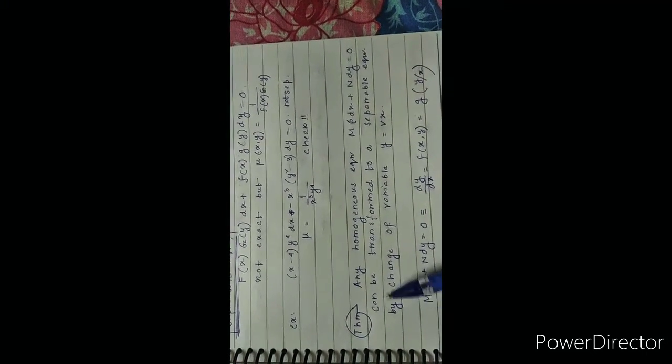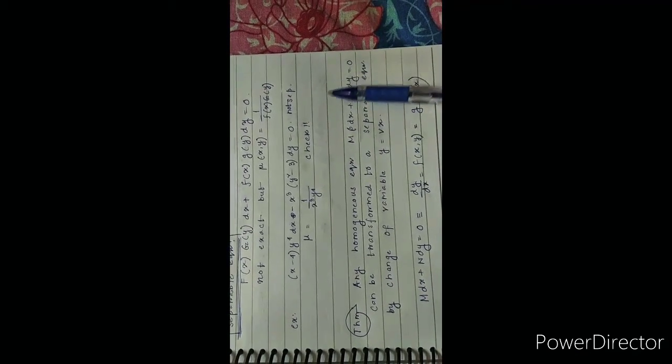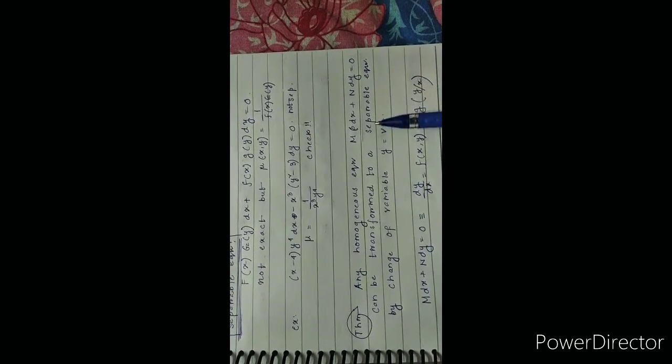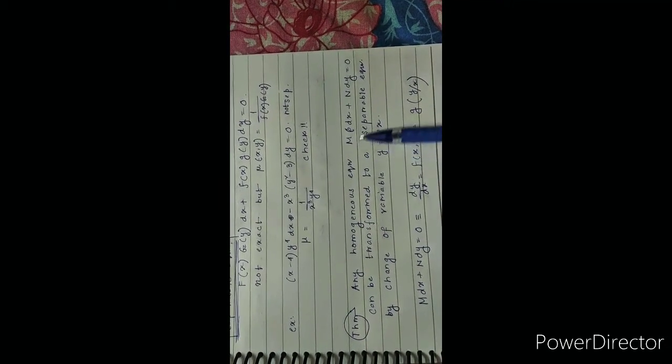It says that any homogeneous equation M dx plus N dy equals 0 can be transformed to a separable equation by the change of variable y equals vx. So if this equation is homogeneous, then it can be transformed to a separable equation by this kind of transformation. So now, what is a homogeneous equation?